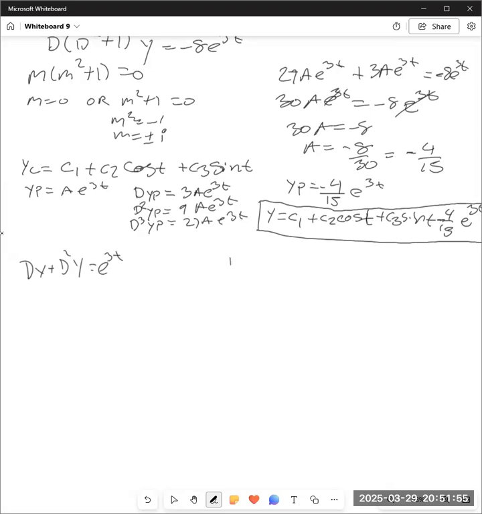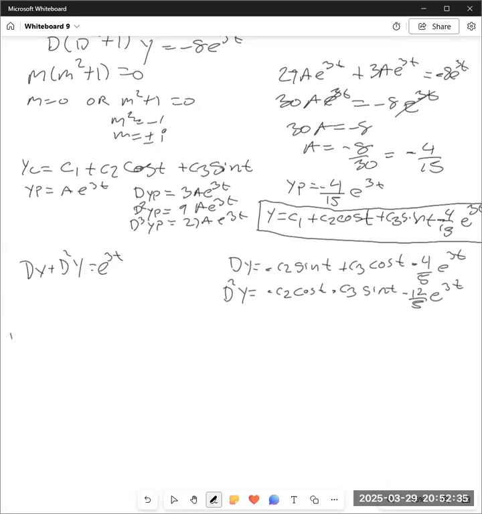So I need to find d2y. dy is equal to negative c2 sine of t plus c3 cosine of t, and then minus 4/5 e to the 3t, and d2y is negative c2 cosine of t minus c3 sine of t minus 12/5 e to the 3t.